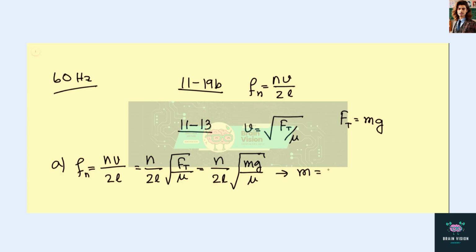So we see that mass is equal to 4L squared f_n squared mu divided by n squared times g.